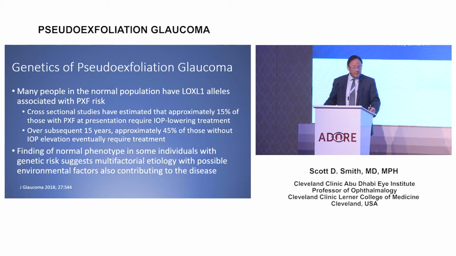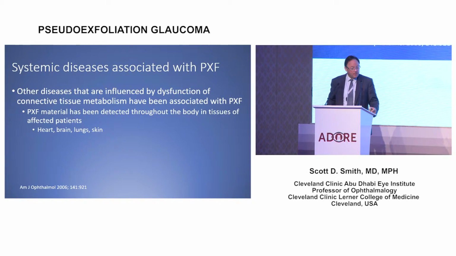So it's clearly a risk factor, but the finding of a normal phenotype in some individuals that have genetic risk suggests there's a multi-factor etiology with possible environmental factors contributing to the disease. So we have yet a lot to learn about its etiology.